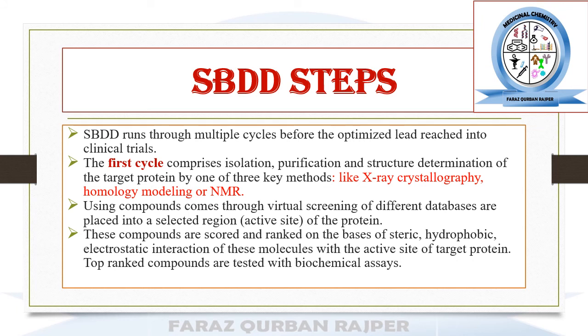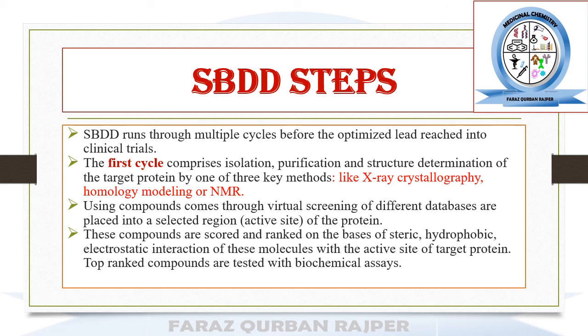Structure-based drug design is basically not a single-step process. It involves multiple cycles or steps in order to give one successful lead molecule that can be used in the clinical trial. In the first cycle, as we have discussed, it involves the identification of the protein.